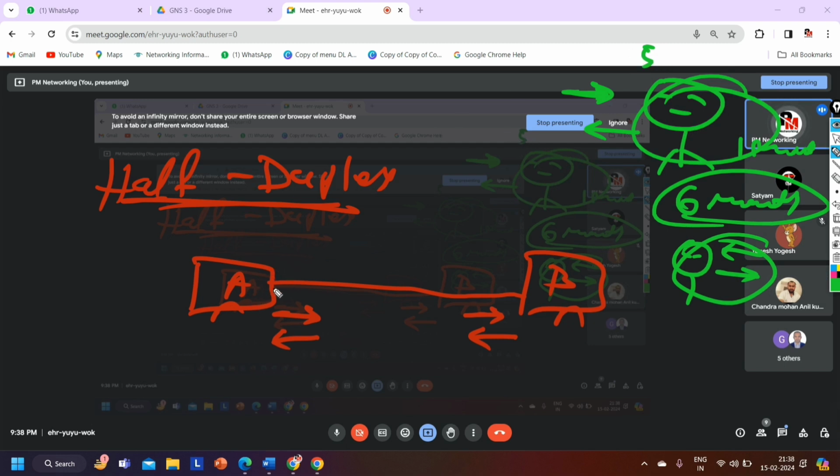Simplex. In the same way, this computer has the capability to receive as well as send the data, but not at the same instant of time. Let me give you another example. Let's take the example of Bluetooth. You have two mobile phones, and you want to send one song from this mobile to that mobile at the same time, and there is one song on that mobile also. You want to send this song to that mobile and that song to this mobile.